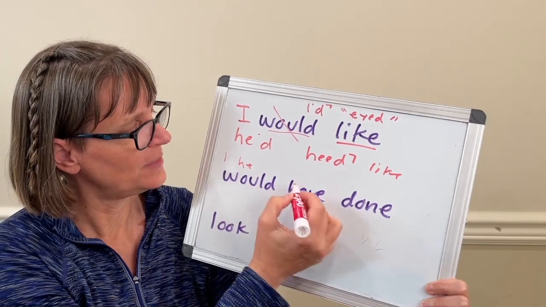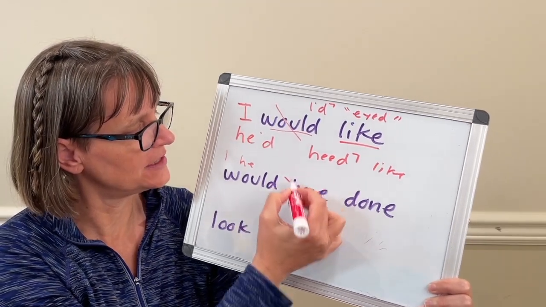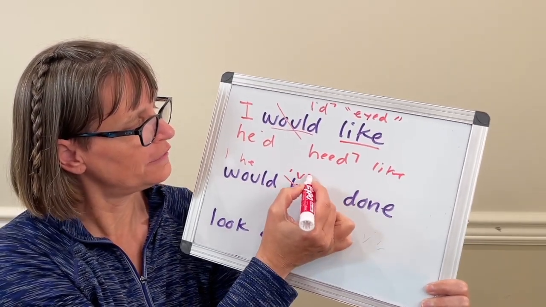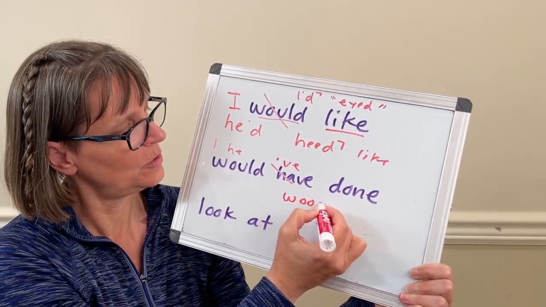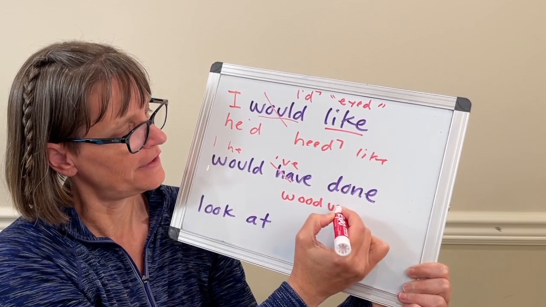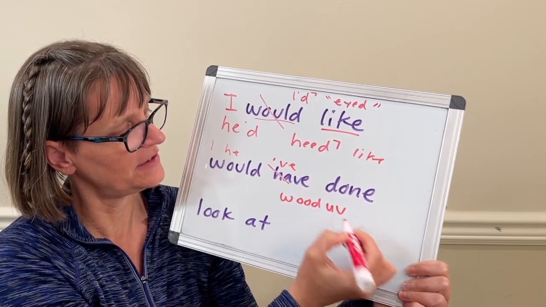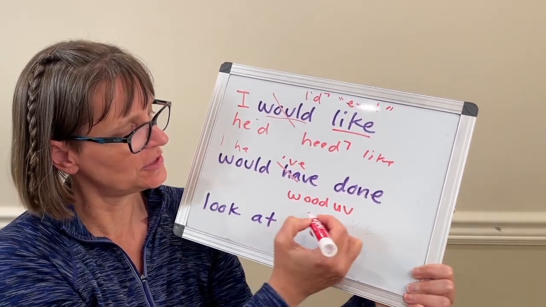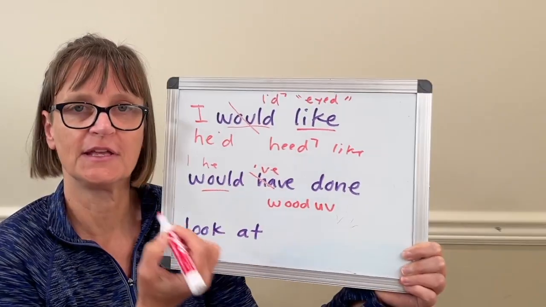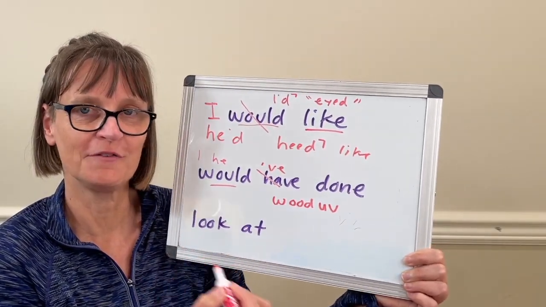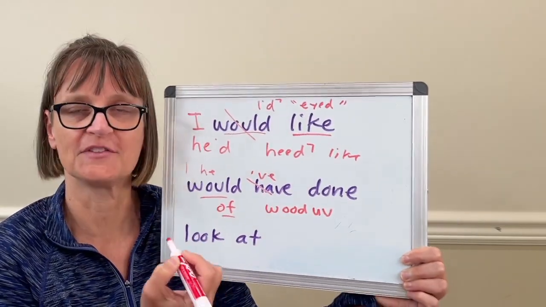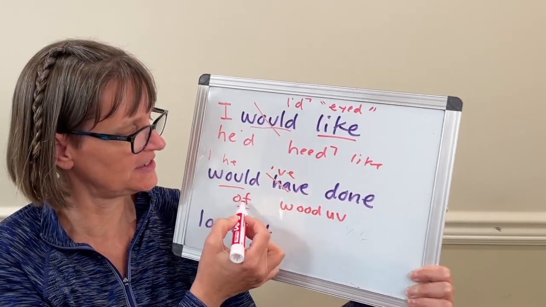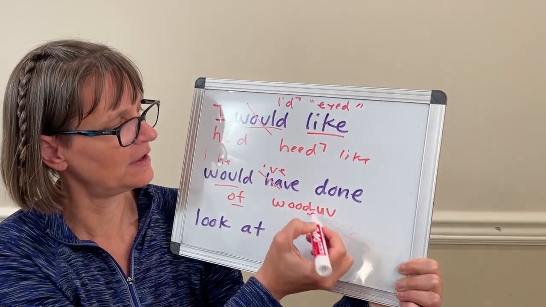Would have becomes contracted to would've, and what that sounds like is would've. So we have the uh sound and the v sound, and actually when American kids are learning to write down would have, they write it as would of. We pronounce it the same as the sound of. So it has the uh sound and the v sound, would've.